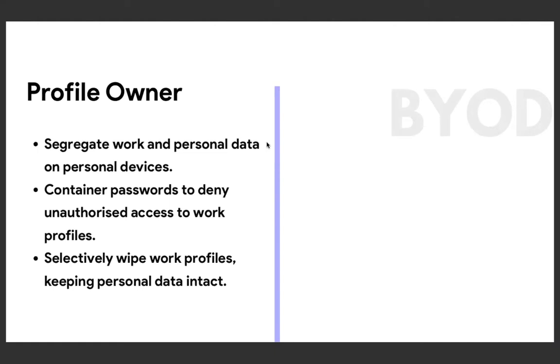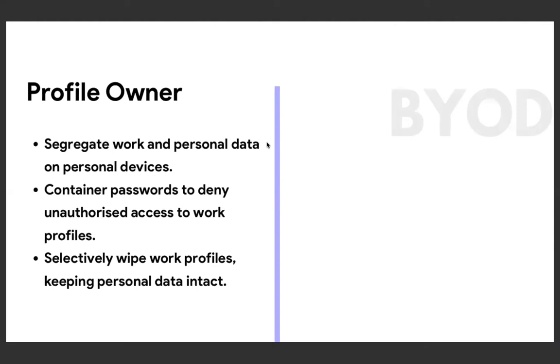For enrollment, you can go into the Play Store and download the Hexnode for Work application, and once you use the enrollment credentials to get the device enrolled, the work container will be created on the device, completely isolated from the personal data.